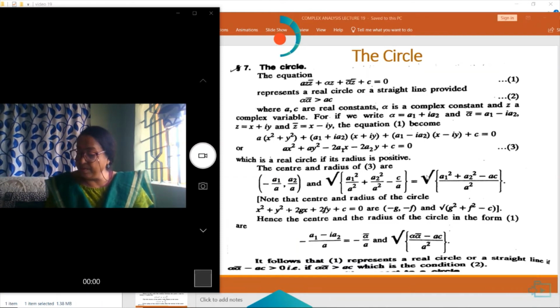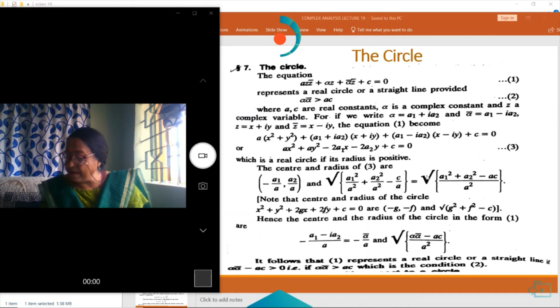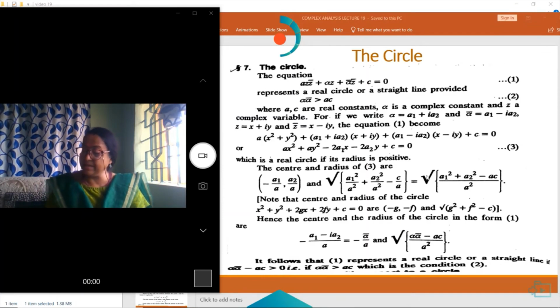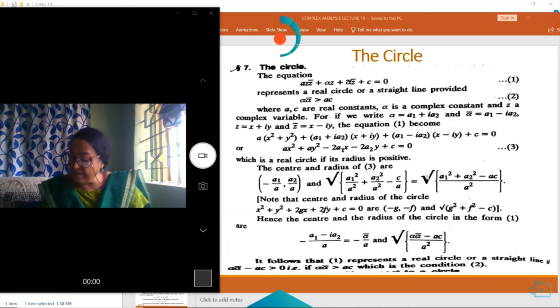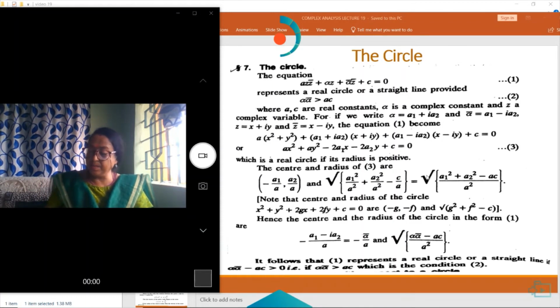It follows from 1 that it represents a real circle or a straight line if alpha alpha bar minus AC is greater than 0, or if alpha alpha bar is greater than AC, which is condition 2. Hence proved.